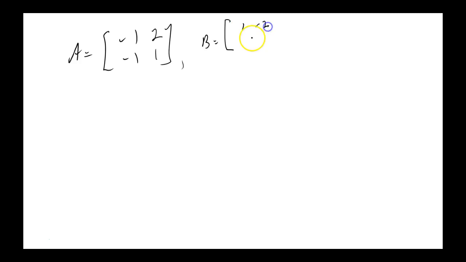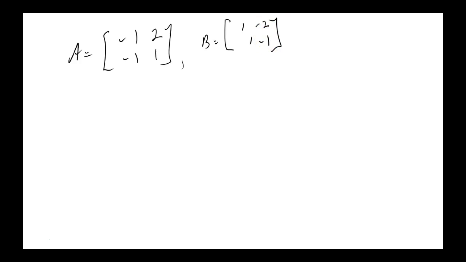Ugh, I'm hungry. A is equal to -1, 2, -1, 1. B is equal to 1, -2, 1, -1. Okay.